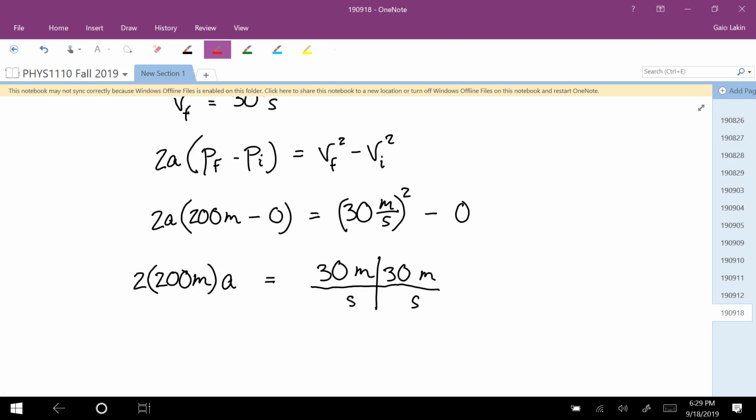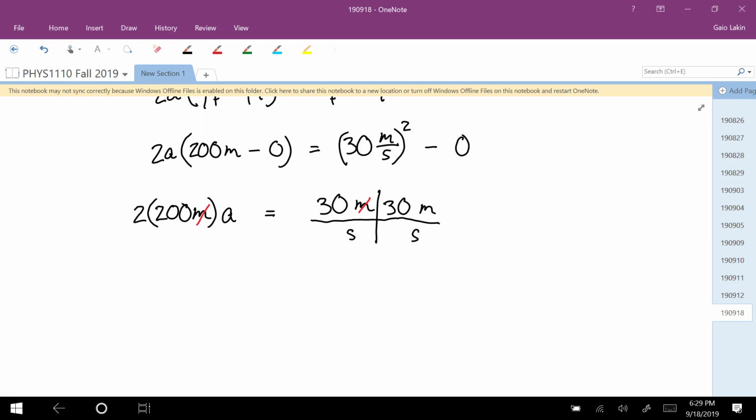And now you can divide both sides by m. You get rid of one of those meters. And the equation now, 2 times 200 says 400A is equal to 30 times 30 is 900 meters per second squared.